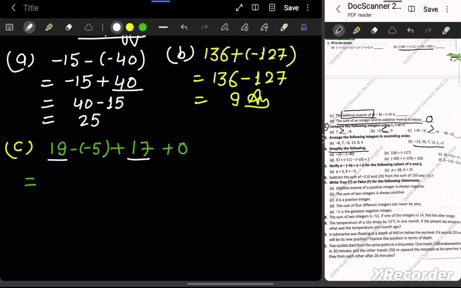So first of all, the sum of 19 and 17 is 36. Minus multiple plus 5. 17 plus 0 is 17, and 17 plus 19 is 36. Answer is 41.